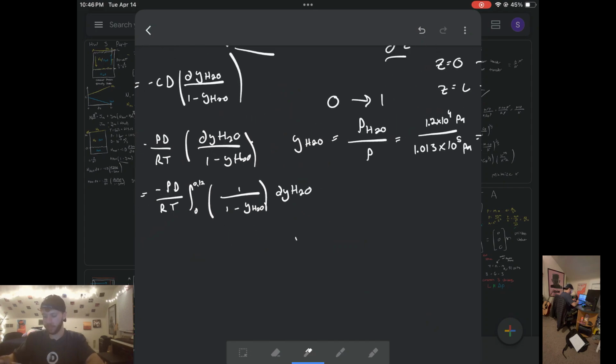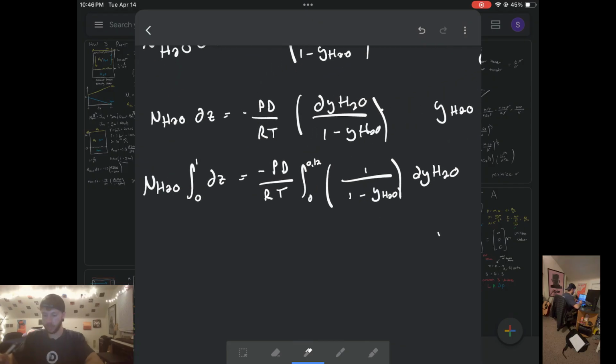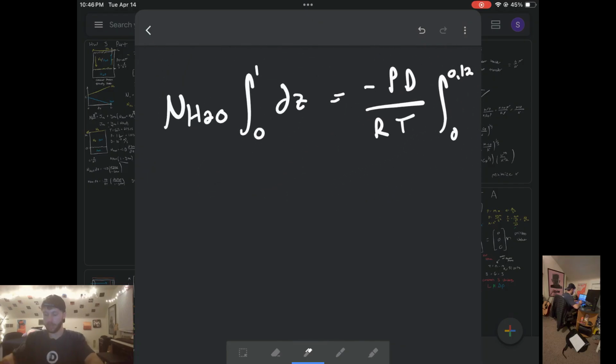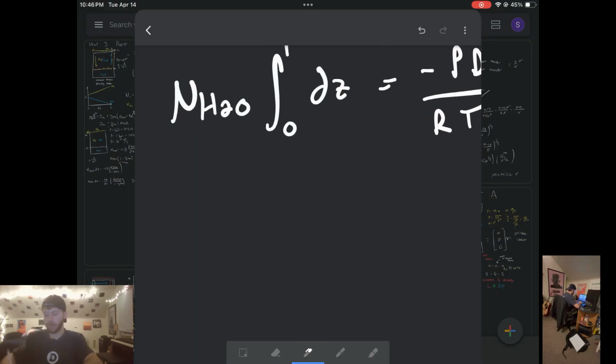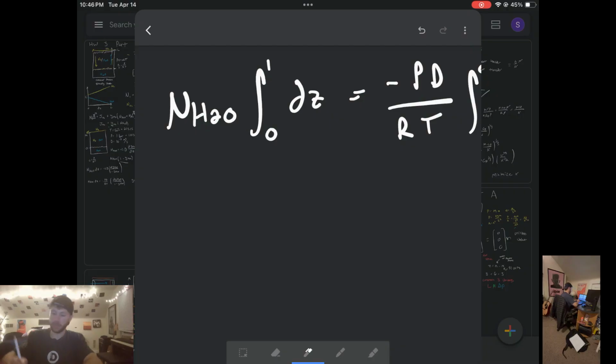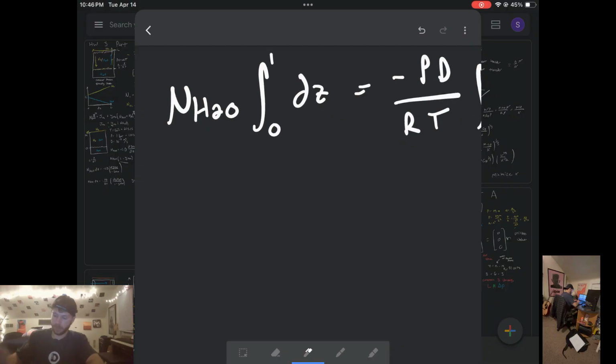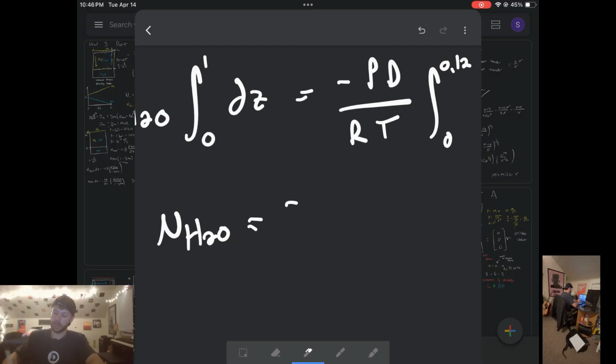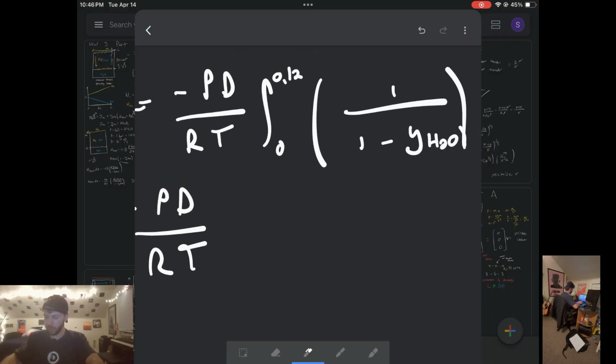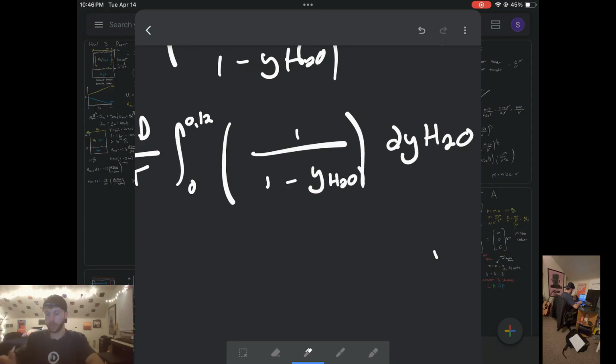So this will turn into, dz will just turn into z, so 1 minus 0, that'll just be 1. So we'll get just the total flux of our water equal to negative pressure times diffusion coefficient over our gas constant times temperature. So 1 over anything will just be the natural log of the denominator.